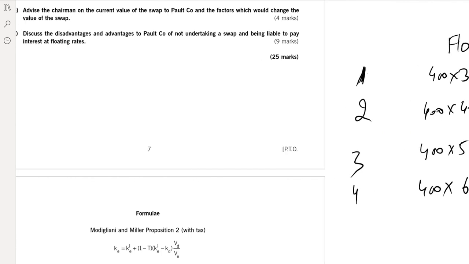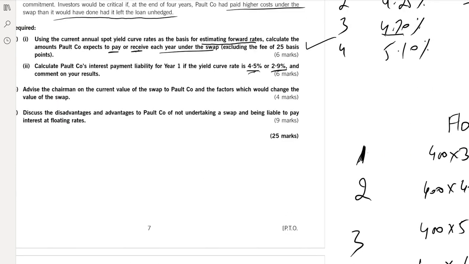Okay, let's solve the B part. Calculate the Pault company interest payment liability for year 1 if the yield curve rate is 4.5 or 2.9%.